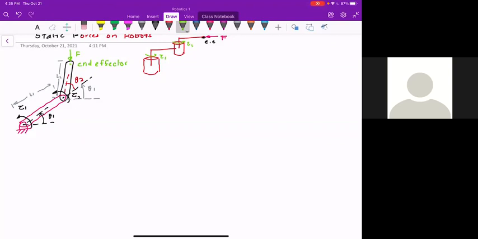Now, since this is a static problem, we can use the conditions of static equilibrium. And those are summation of forces in x direction is equal to 0.